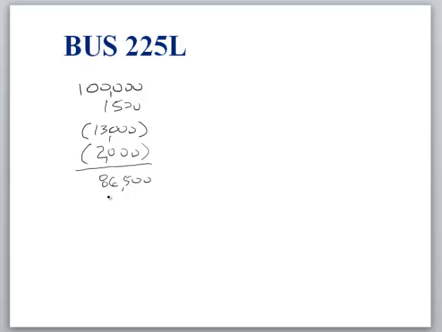Okay, 86,500 times 34% is some number. Sorry, what is it, Caitlin? 29,410. Okay, 29,410. And then I would use my credits of 1,200.